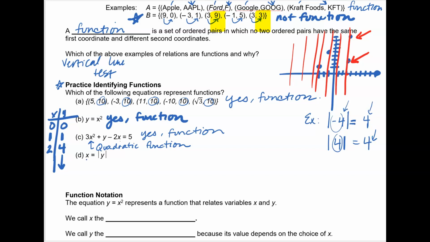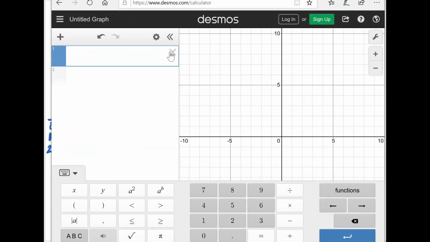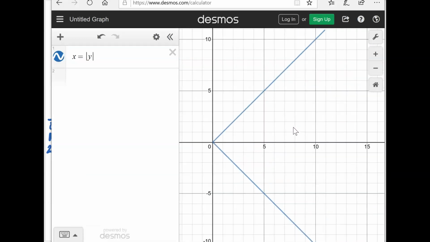So watch what happens when I look at the graph x equals the absolute value of y. I'm going to look at the picture of that first. So I'm going to pull up my Desmos, and I'm going to type in x equals, and I'm going to go down here, absolute value of y. And then I'm going to look at the graph, and you can move the graph around.